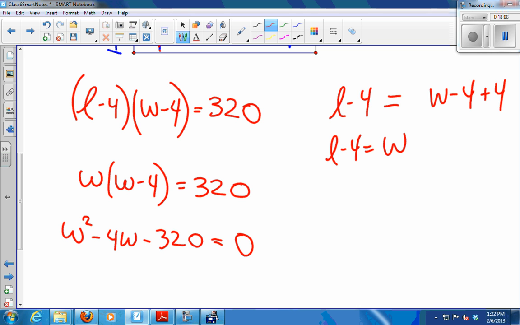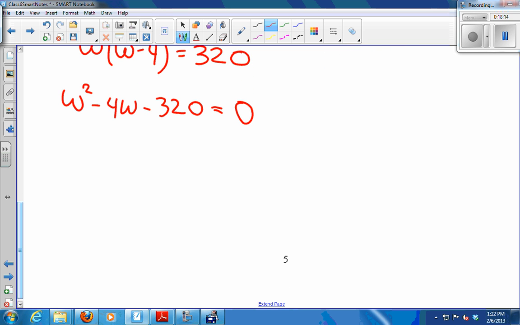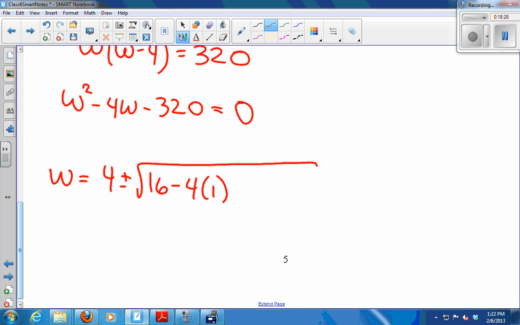You could use factoring if it factors. I don't know. What if factoring doesn't work? What would I do? Quadratic formula. Okay, so I have W is negative B plus or minus the square root of B squared minus 4 times A times C, all over 2A.